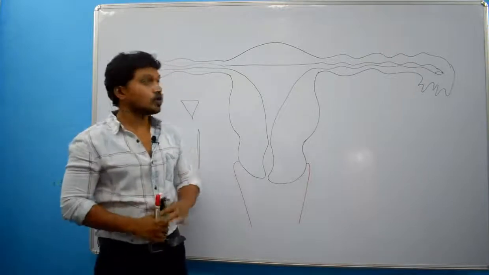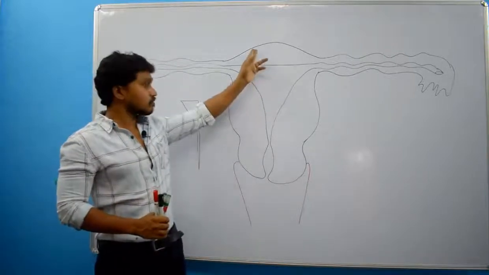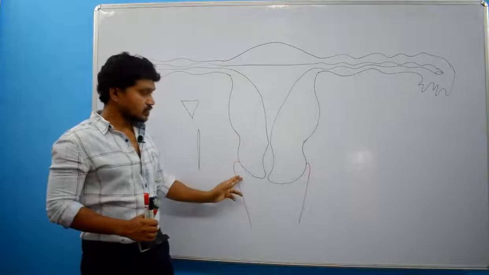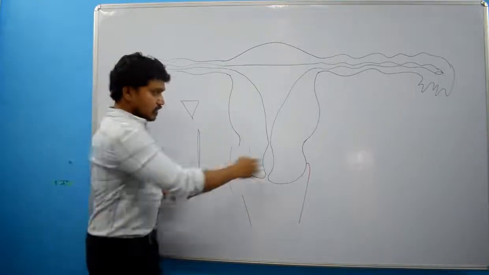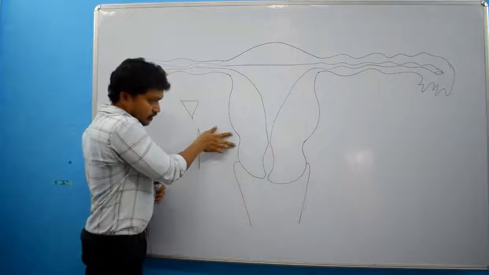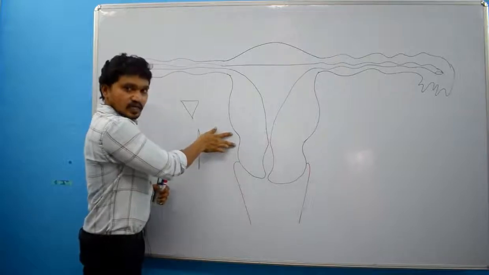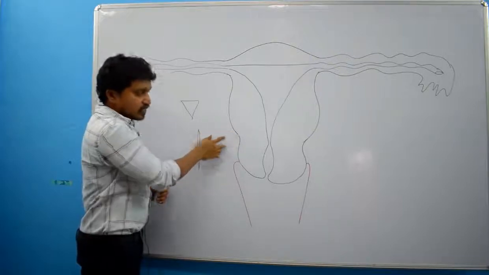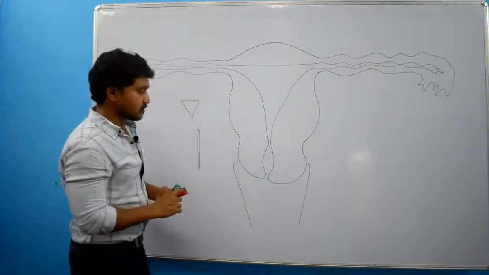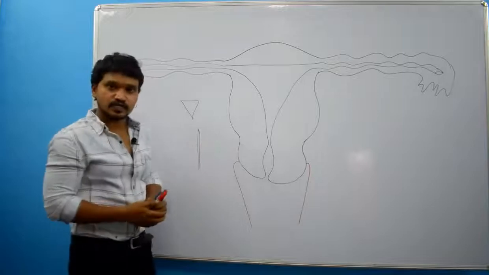So, the uterus has a body and cervix. At the junction of the body and cervix, there is one constricted area that is 1 centimeter long. This 1 centimeter long constricted area we call the isthmus.